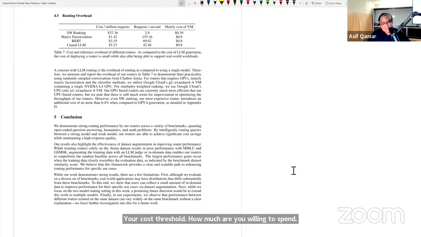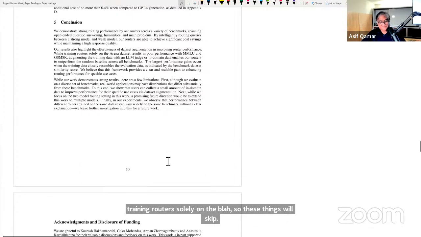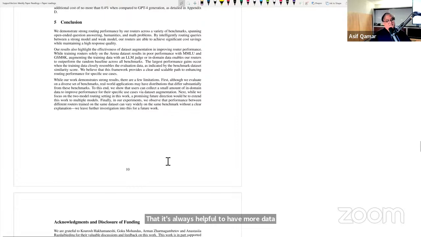Our results also highlight the effectiveness of dataset augmentation in improving router performance while training routers solely on the blah, blah, blah. So these things we'll skip. That it's always helpful to have more data. Then they mention their limitations. They say, while our work demonstrates strong results, there are a few limitations.